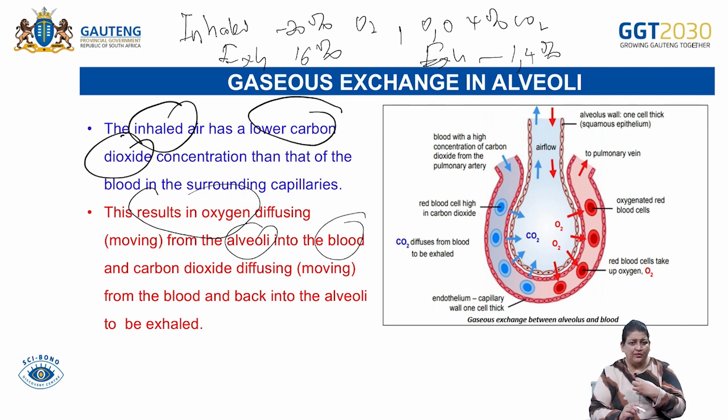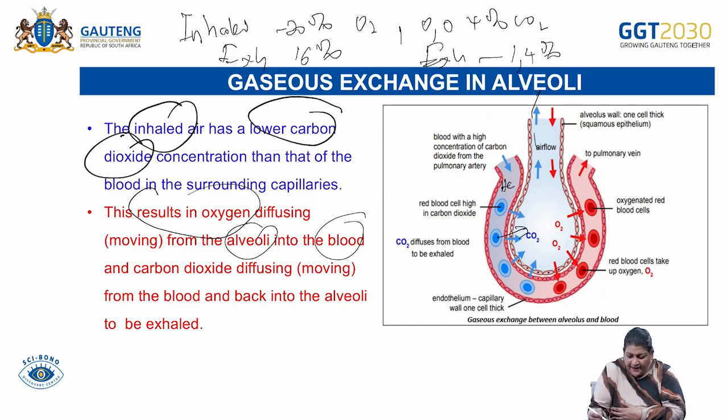But now the blood coming to the lungs will have more CO2 from the cells compared to the lungs. So the CO2 will move from the blood where there's high concentration to the lungs or the alveolus, and we exhale that air. So here you can see CO2 is moving from a high concentration in the blood to a low concentration in the alveolus and out.